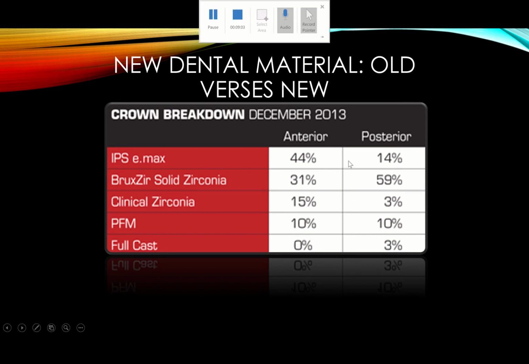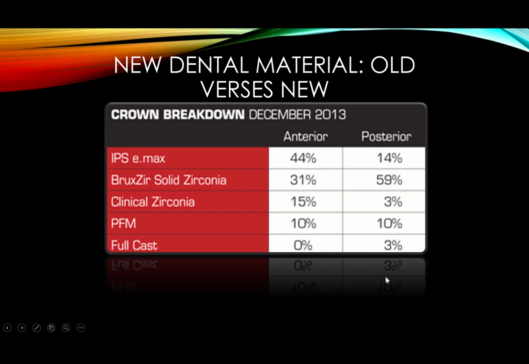But I have a theory why this is happening. I think this is happening because once we go anteriorly, we only use the lithium disilicate or the clinical zirconia as a core, because it's in the aesthetic zone, and we layer. And once we layer, we establish that layering is very weak. It's about 90 megapascal of strength as a layer, where a full press, for example, lithium disilicate is 500 megapascal.